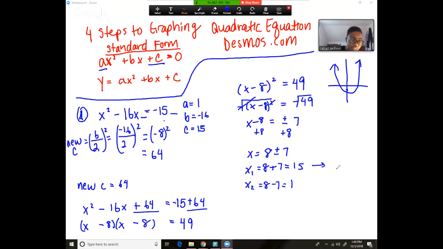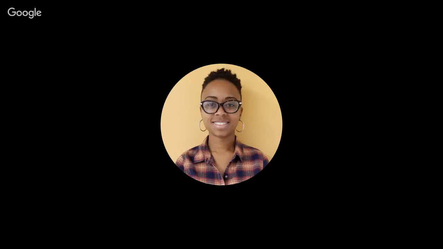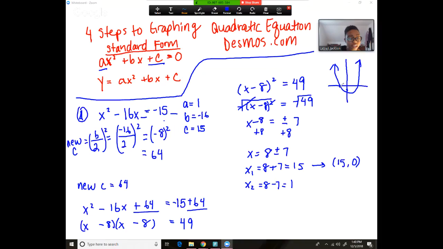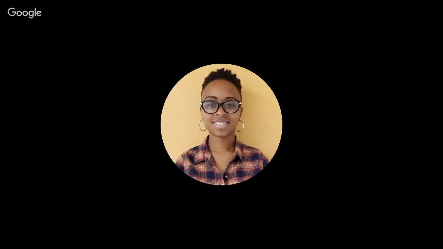The y coordinate, the y value, is 0 because we don't go up or down. So one is 15, 0, and the other we found, so those are the points at which the graph crosses the x-axis, at the x-intercepts. Okay. Any questions? Let me know.